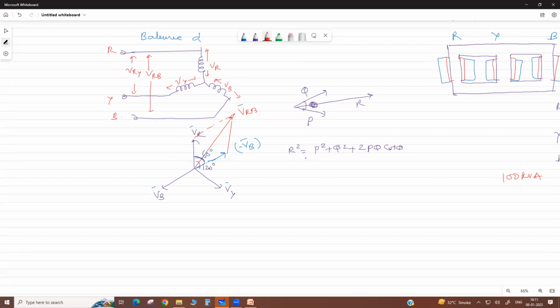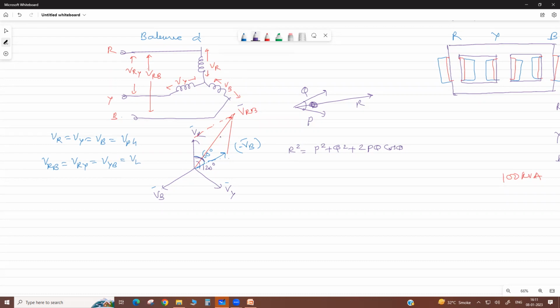So my dear, here in a balanced star, VR equals VY equals VB. This is denoted by V phase, and VRY, VYB, VBR are represented as line voltages.